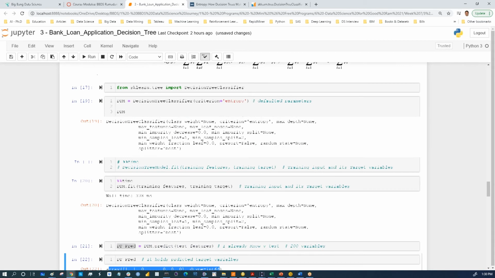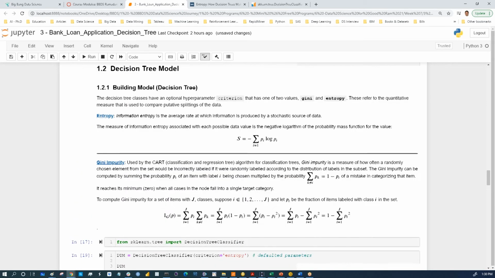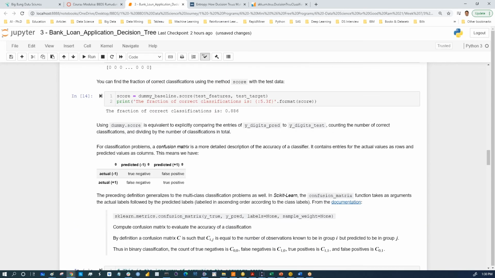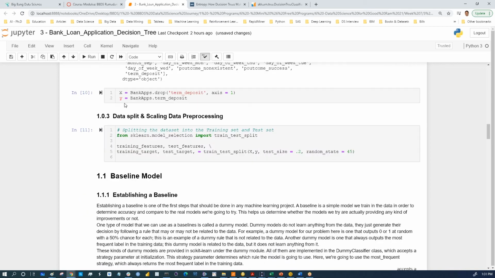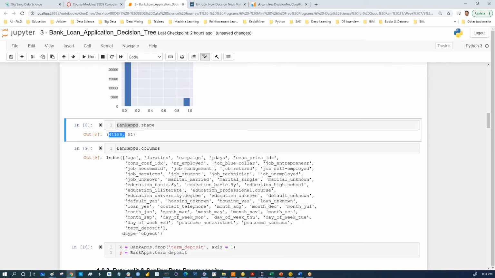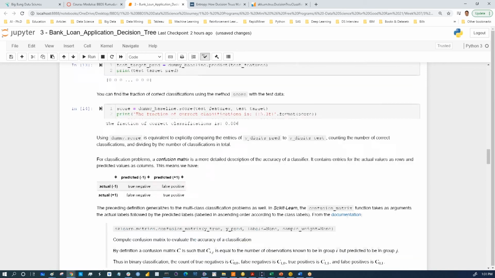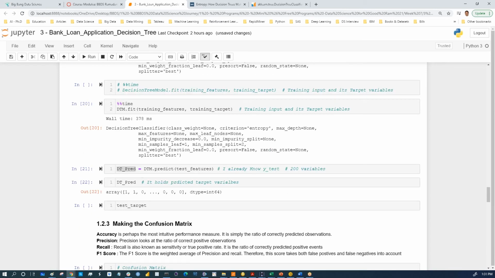Is it 20% of 41,188? If you do the math, that is what you are going to get. And so this is the predicted target variable.